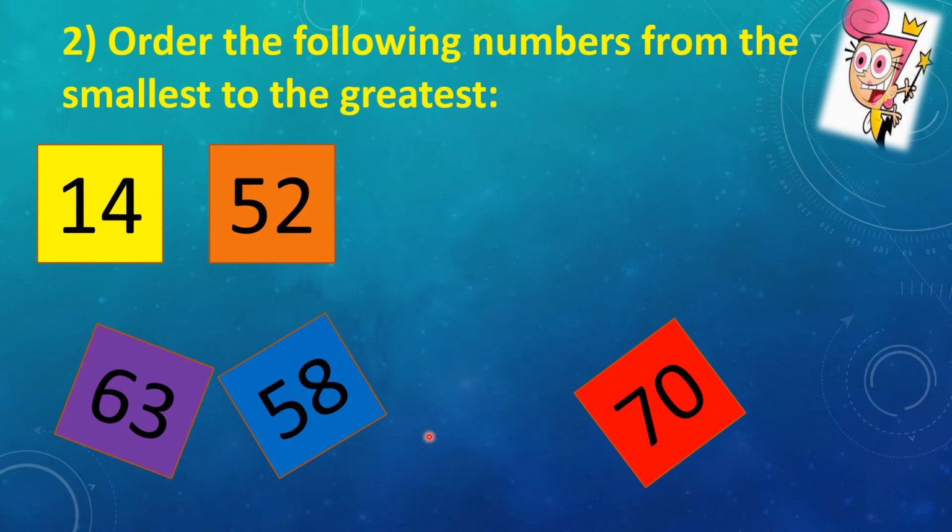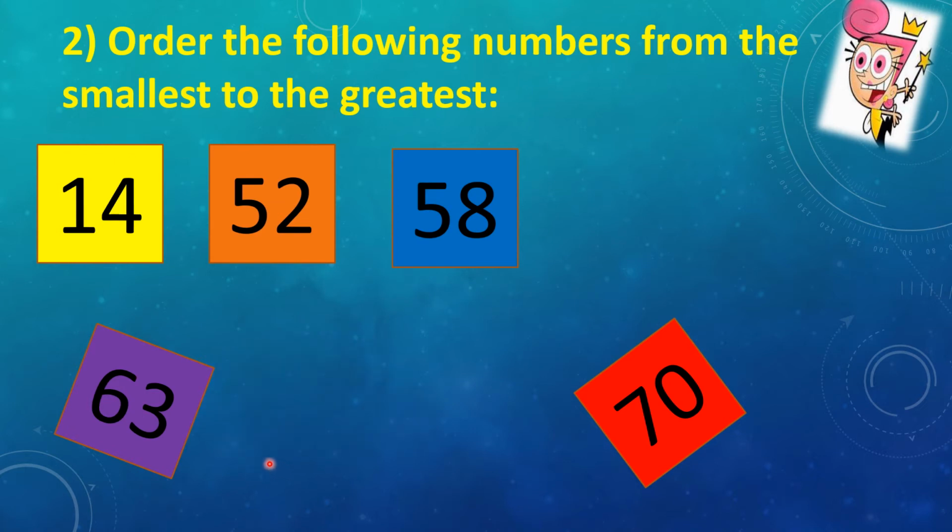Now we have 6 tens, 5 tens, and 7 tens. The smallest number is 5. So write 58. Here 63 and 70. We have 6 tens and 7 tens.